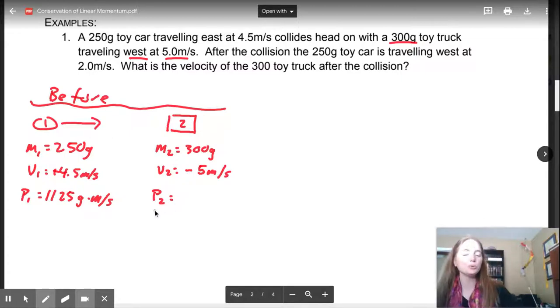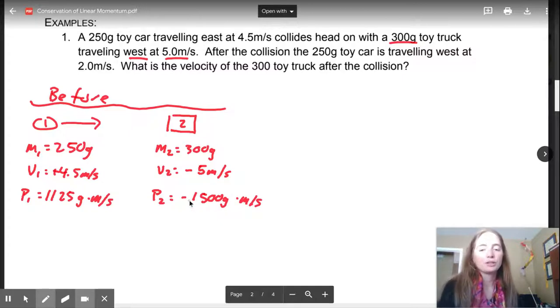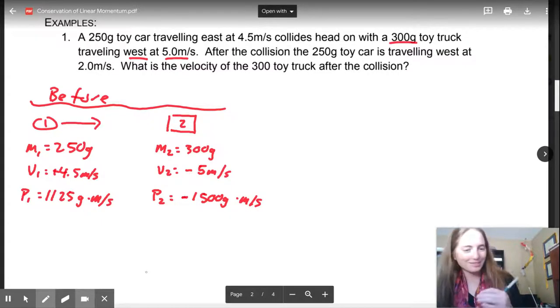So P2, notice how we labeled these things. Label them because we're going to be dealing with 4 P's in this equation. So negative 1,500 gram meters per second. The units are important. Watch them.